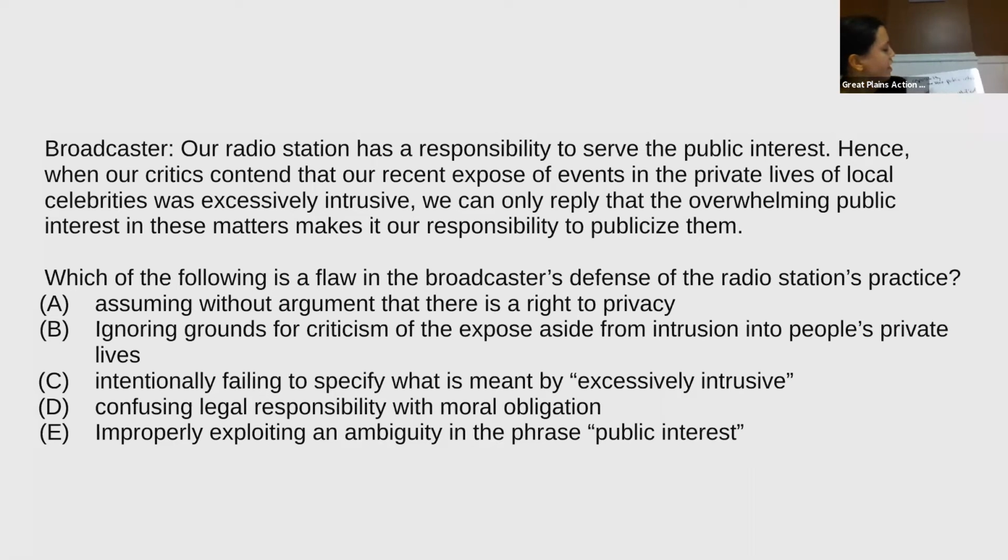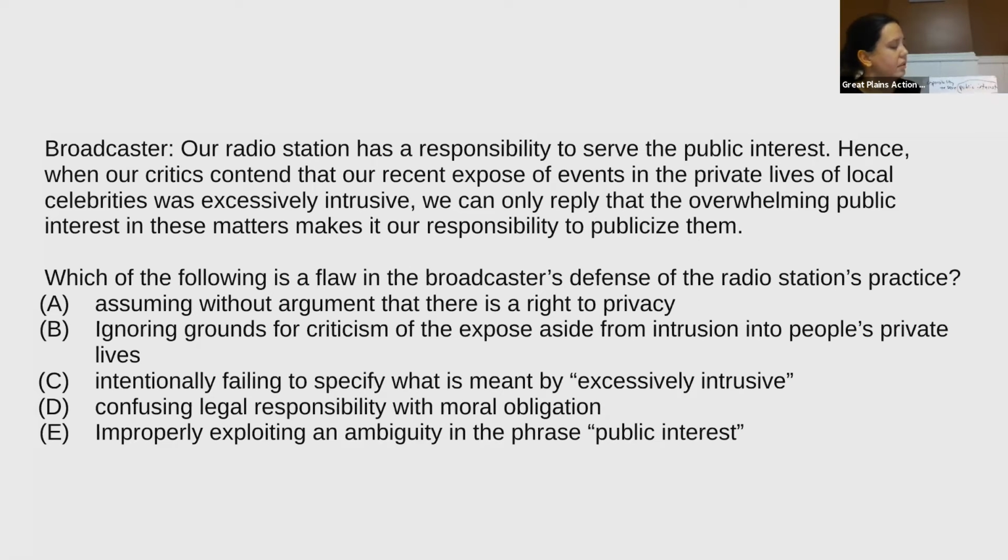We notice right away that our premise and our conclusion are attempting to appeal to a definition. We've got public interest here, public interest here. The premise is saying we have a responsibility to serve the public interest. Therefore, this action was justified because it was in the public interest.